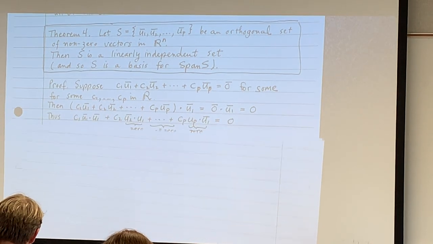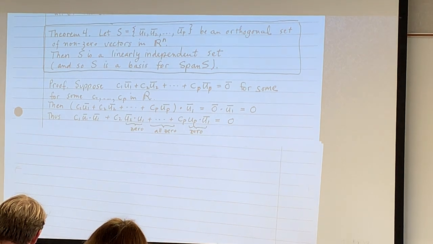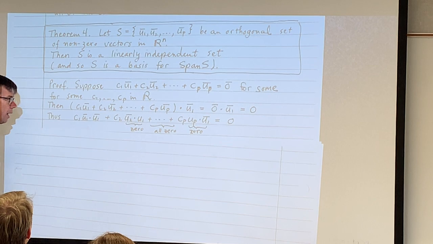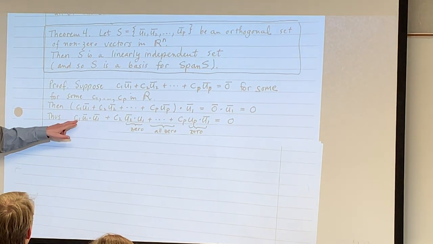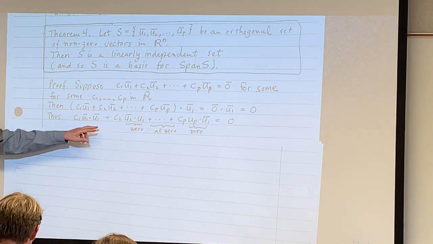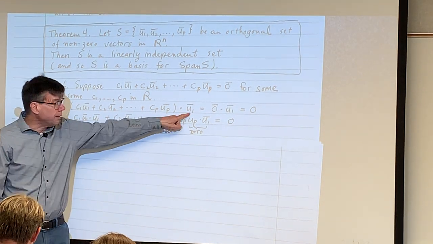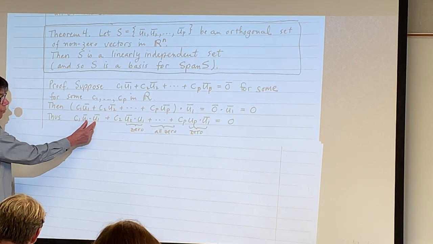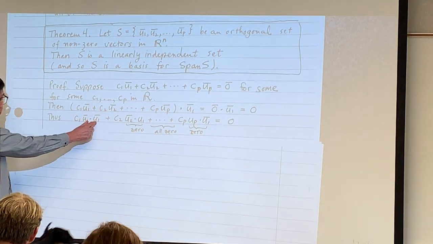And then we can distribute U1 to each one of these terms separately. So we have C1 times U1 dot U1 down the line. But now I picked U1 on purpose here, okay? So U1 dot U1, we don't know what that is.